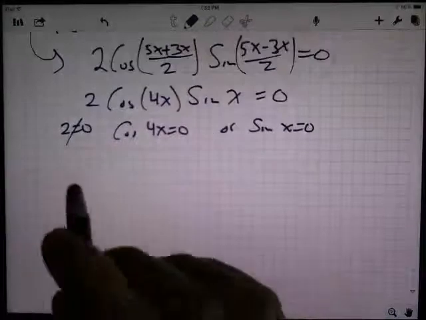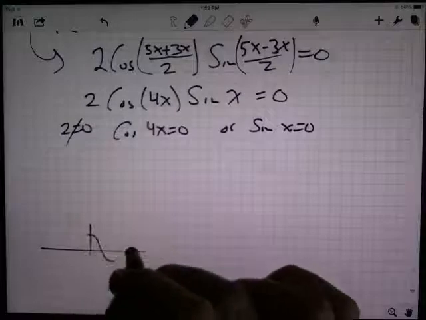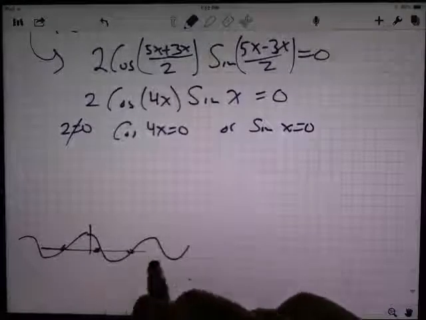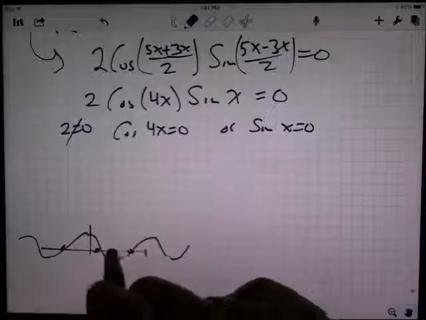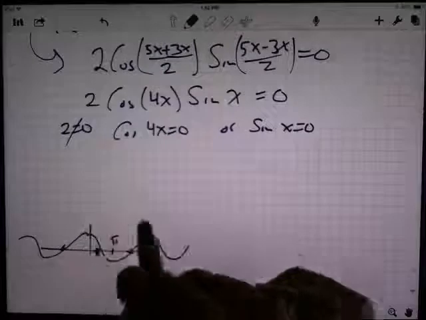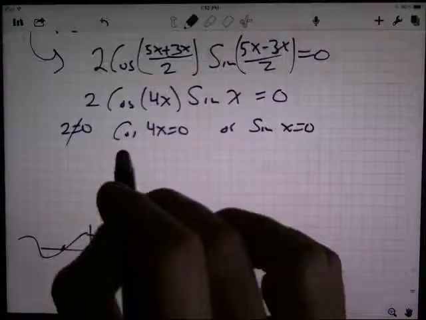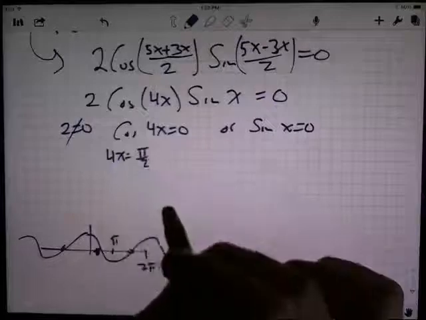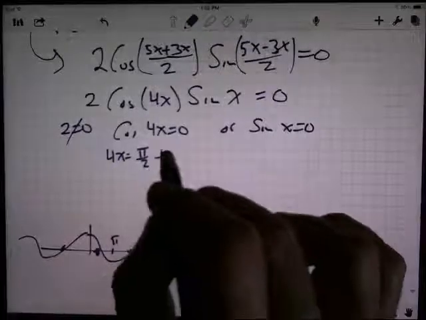I draw a little picture down here just to look, and I say, cosine curve, when is it equal to 0? That was 2 pi. This is pi. So that must be the pi over 2's, the odd pi over 2's. So it looks like 4x has to equal pi over 2 plus pi n.